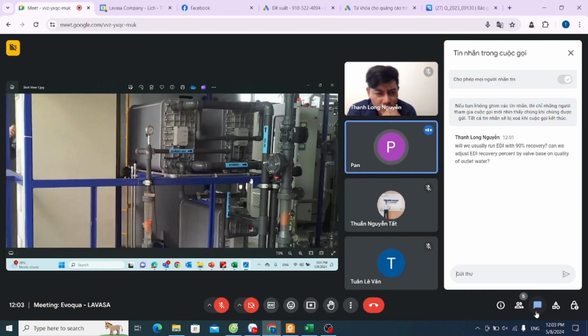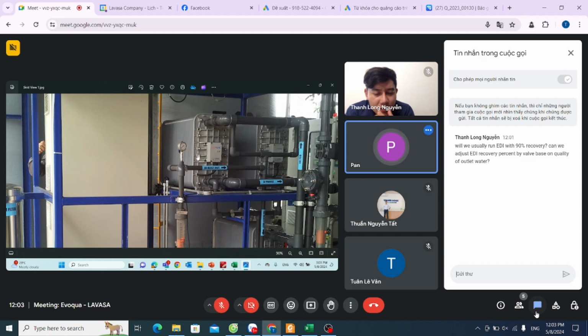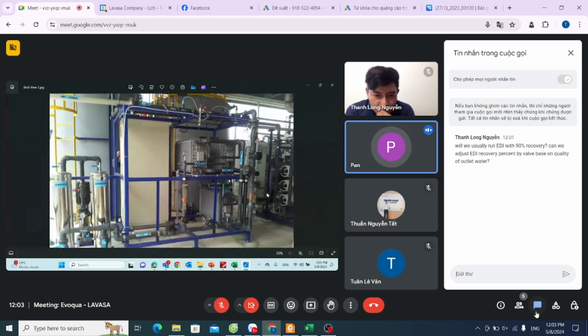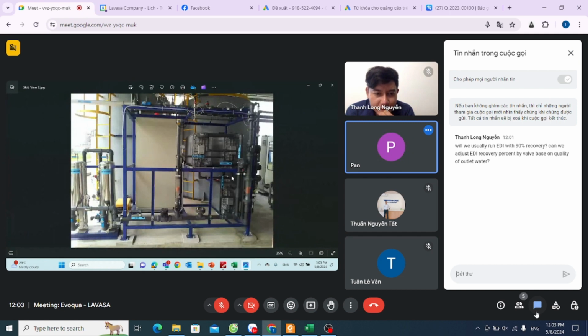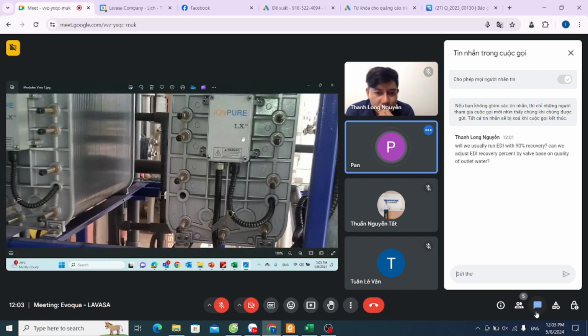Also, for LX modules, we have 2 junction boxes. There is one here and also one on the back side. When you wire the DC power, you choose only one box. Normally they wire onto the side that is not the plumbing.